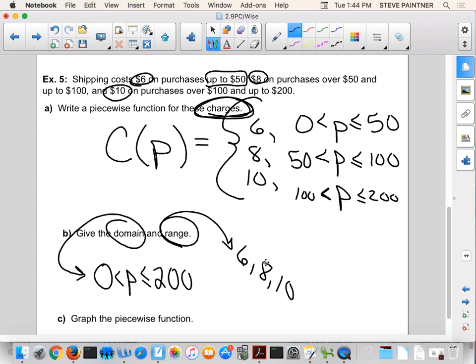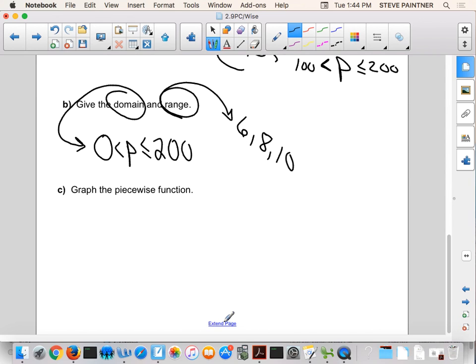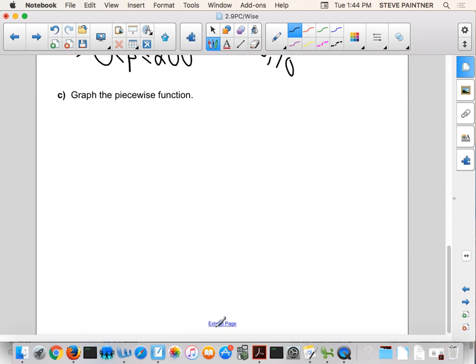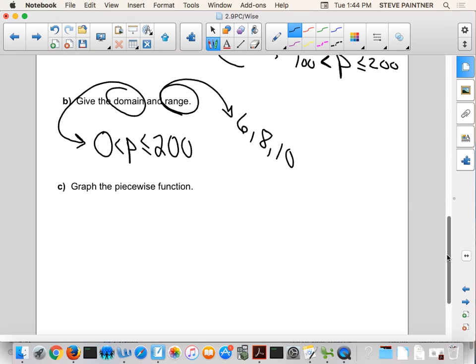All right, next up. Go graph it. To graph it, you got to understand, did you see any negative numbers? No. 6, 8, 10, here to here? No negatives. So you know what I do? When I talk about the x-axis, go to the bottom left corner, call that 0, 0.